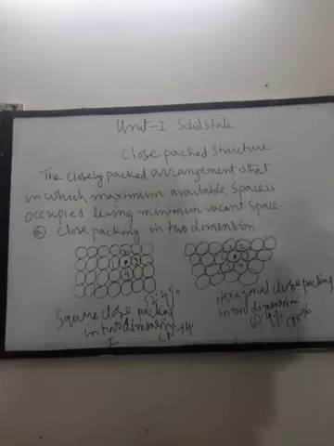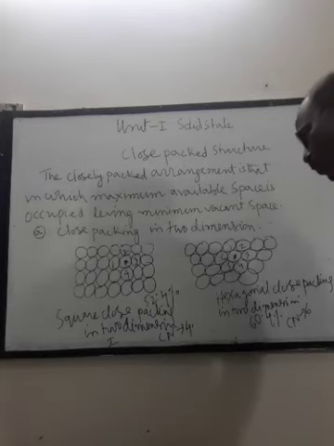So in case of close packing in two dimension, two arrangements are possible. One is called square close packing in two dimension, the other is called hexagonal close packing in two dimension. In square close packing, there is horizontal and vertical alignment, and 52.4% of available space is occupied with coordination number 4.